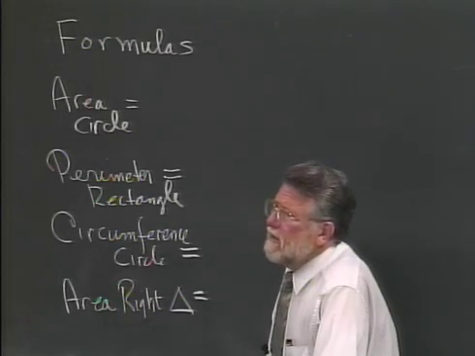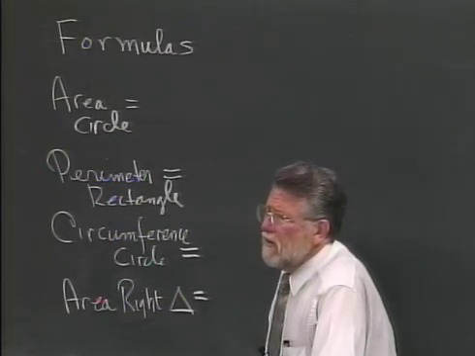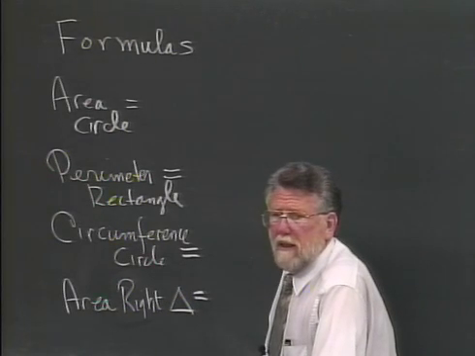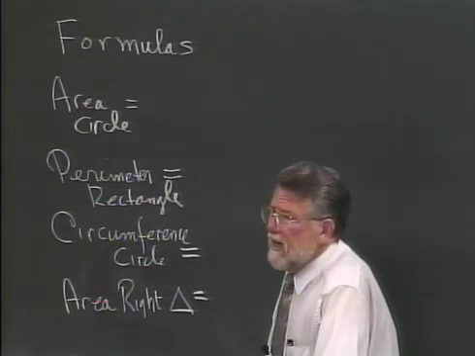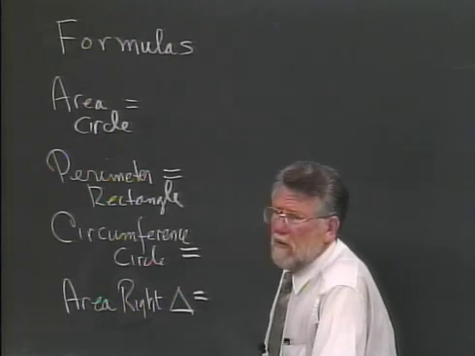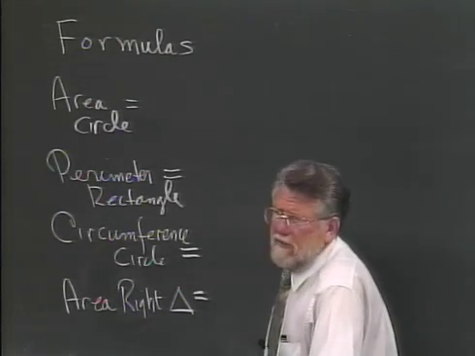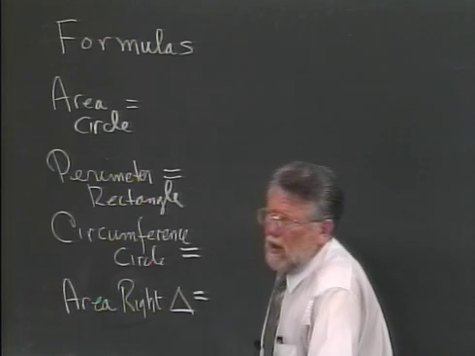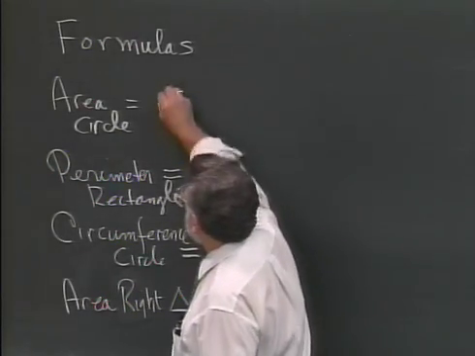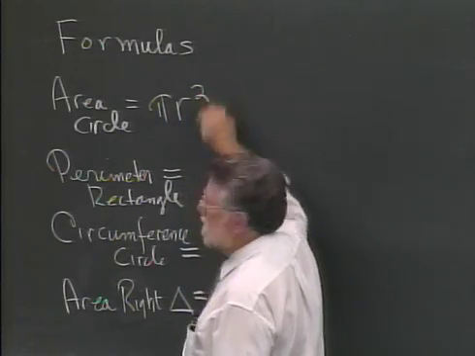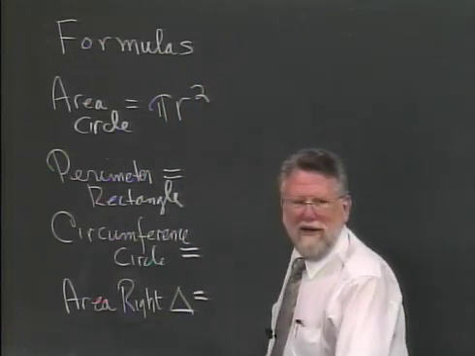Area is usually written in what form in terms of units? Square feet, right? But if you had circumference, you would say feet. So given that, which is going to give you square feet, r squared or r? R squared. So that would tell you that it's pi r squared. Okay, so we got that one.